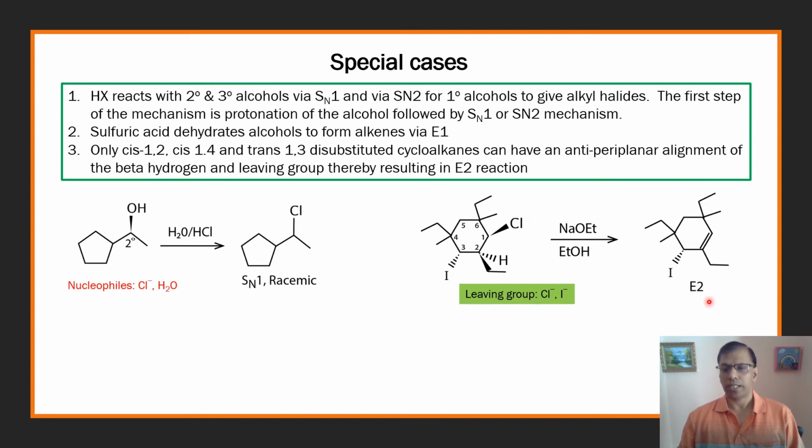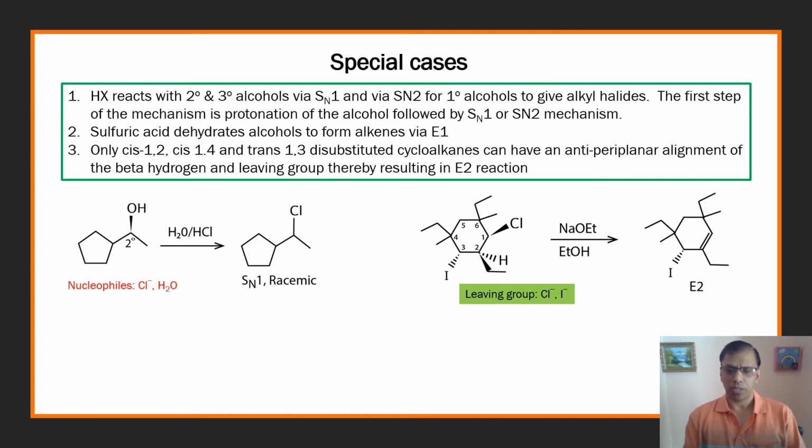And for an E2 reaction to occur, if you recall, the beta hydrogen needs to be anti-periplanar to the leaving group. Whereas in the case of iodine, this hydrogen is on the same side, so it's not anti.